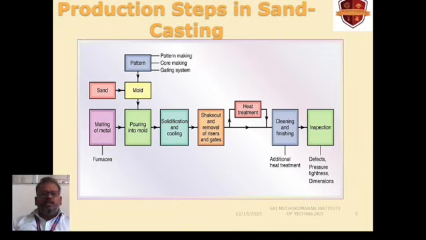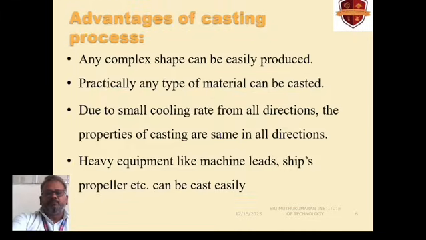Next you prepare the molten metal for pouring into the mold. Then solidification happens, then finally you shake out and remove the final product. Then you have to clean it and go for the final cleaning work.